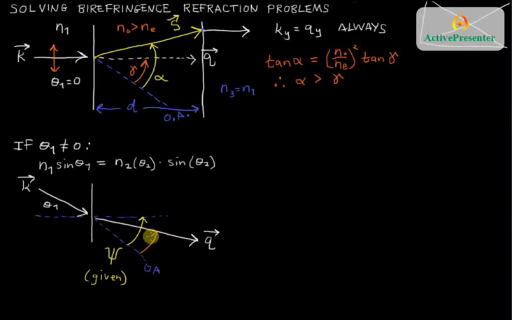And we want to figure out what direction the wave vector is pointing. That's what we need to solve for. That's the angle gamma. And the angle that Snell's law needs to satisfy, that's this angle here, theta 2. So there's a relationship between the given angle psi for the problem and these two different angles, both of which play a role in helping us to solve the problem.